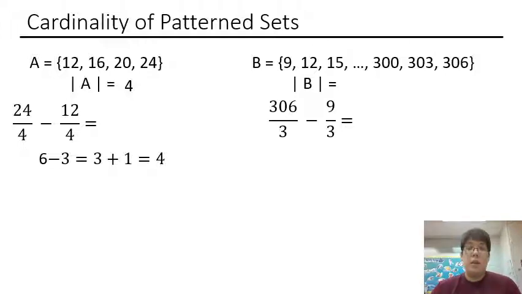All right, so we have 306. We're going to divide that by 3 because that was my multiple. I'm going to take the first number, 9, and divide it by 3. And so I get 102 minus 3, which turns out to be 99. And then I add my 1 and I get 100. So there are actually 100 elements in that set. That's the cardinality of that set.